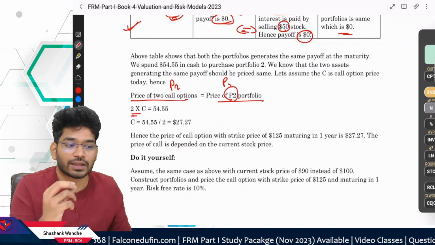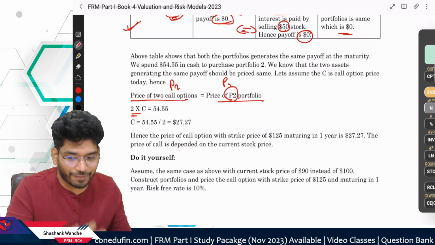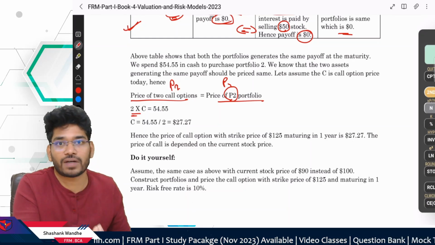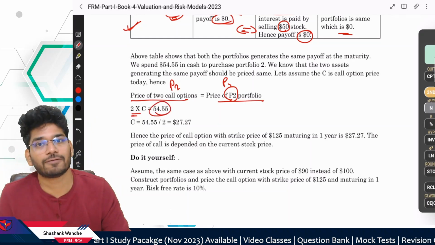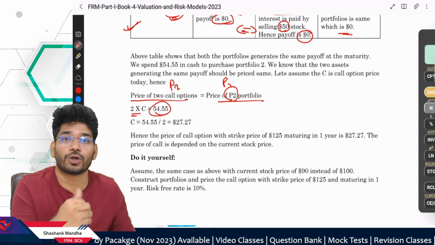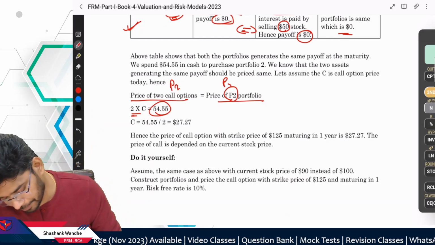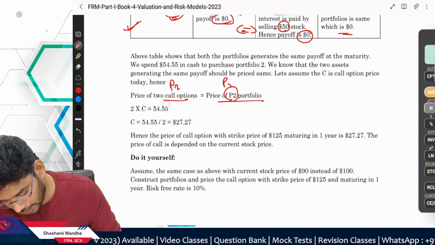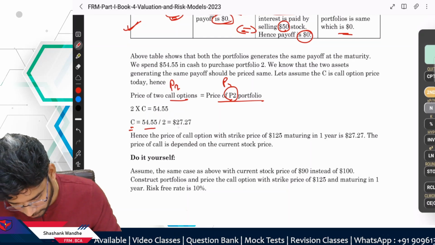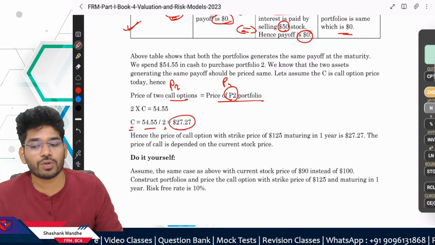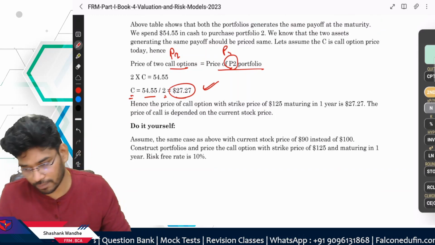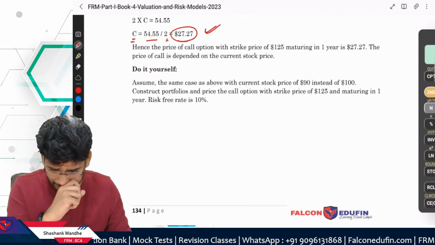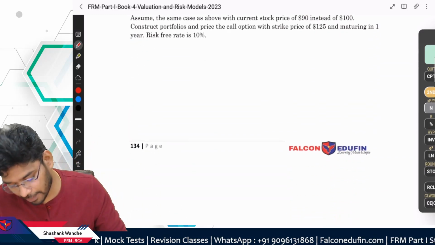We borrowed 45 and we paid from our own pocket 54, so the value is 54.55. So the price of portfolio 2 is 54.55, and that's why the call price is 54.55 divided by 2, 27.27, and this is your price of the call using this replicating portfolio.